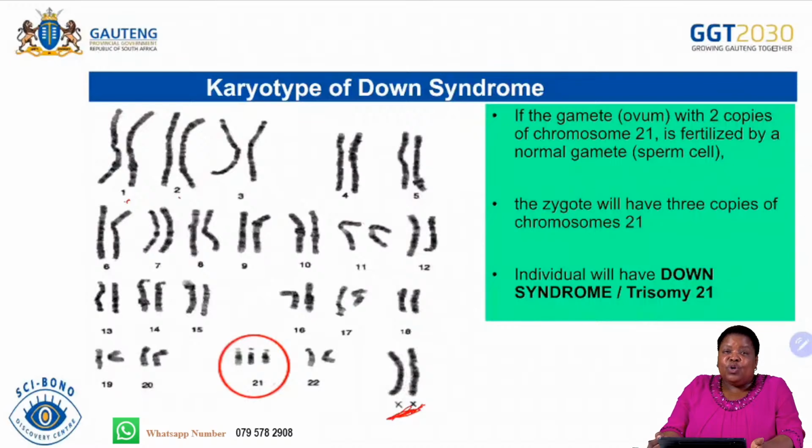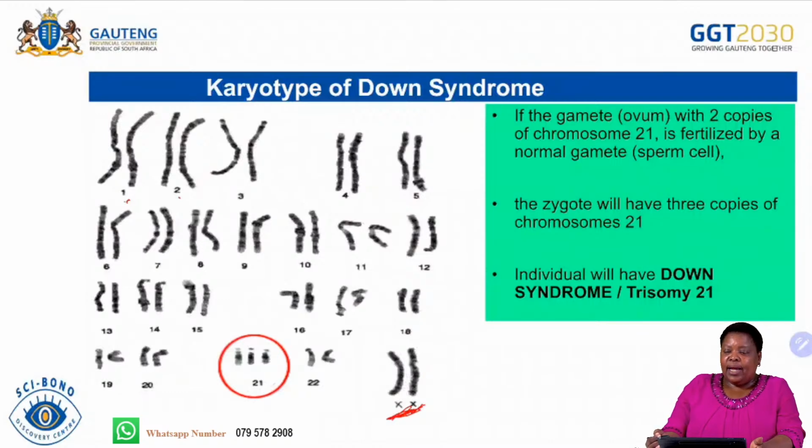So it means we no longer have 46, but 47. So in this case we've got an extra chromosome because of the non-disjunction, because the chromosomes failed to separate in chromosome 21. So this leads to Down syndrome.